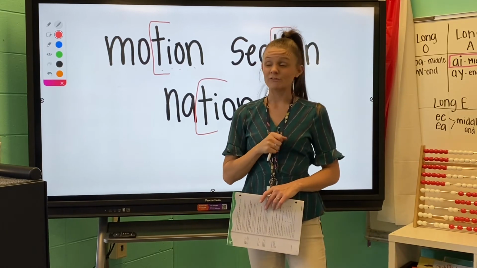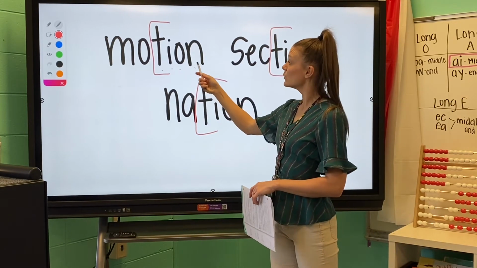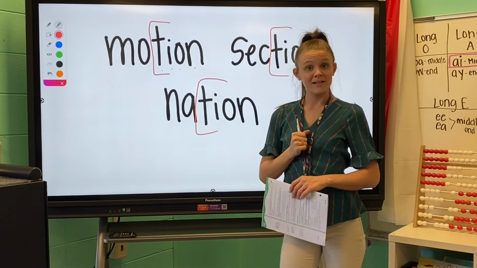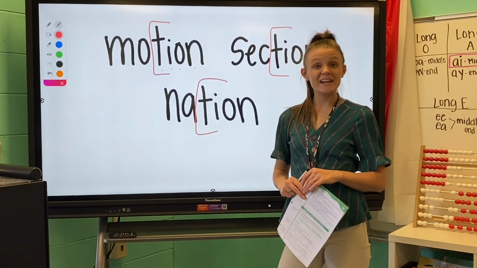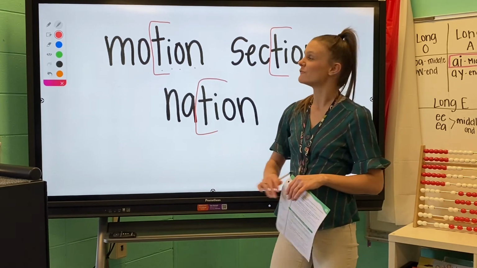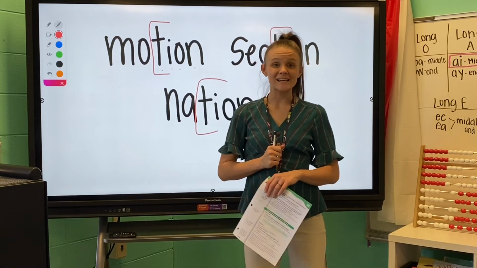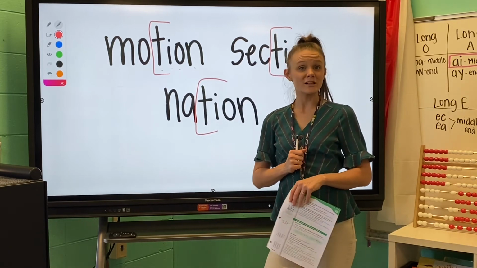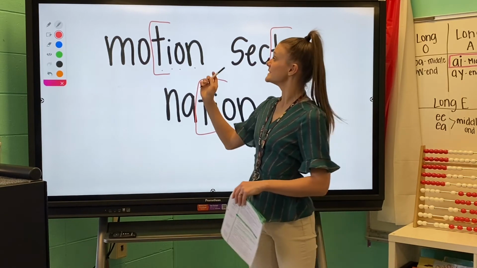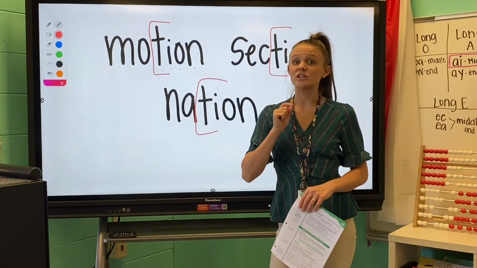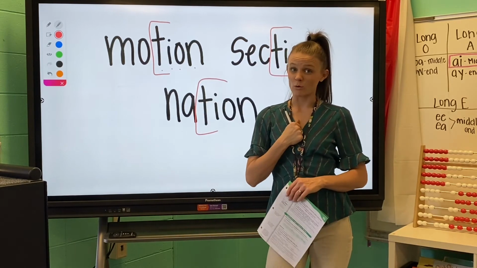So today we've learned the TION, shun, final stable syllable. Excellent. So let's go ahead and code the vowels that are before our final stable syllable. If you guys remember from last time, we talked about how the syllable cannot act as a consonant, as a door closing on a vowel.